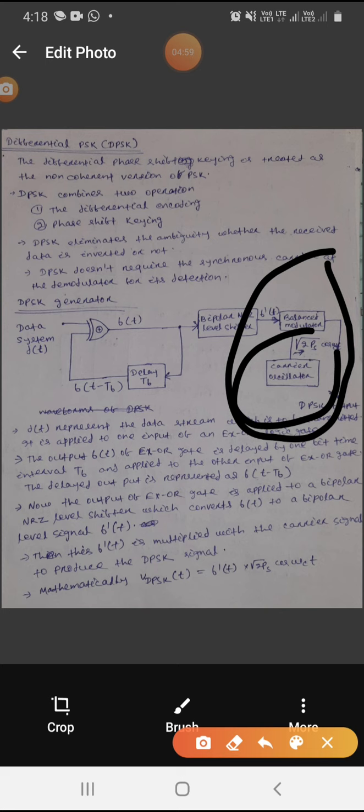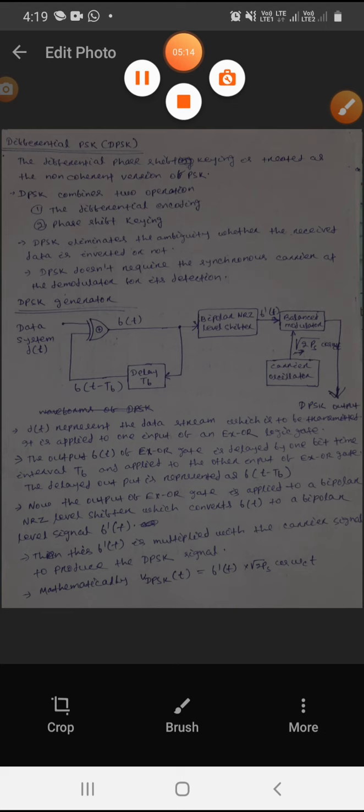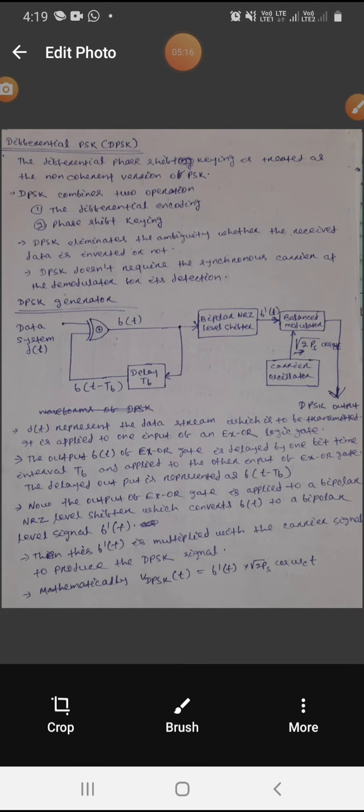So when these two signals are given to the balanced modulator, after multiplication we get the output, and this output is nothing but your DPSK signal. Mathematically, the signal can be written as V_DPSK(t) equals B'(t) into root over 2Ps into cos omega_c t.